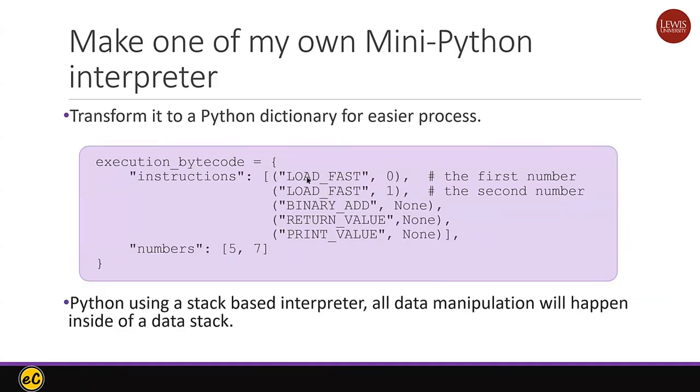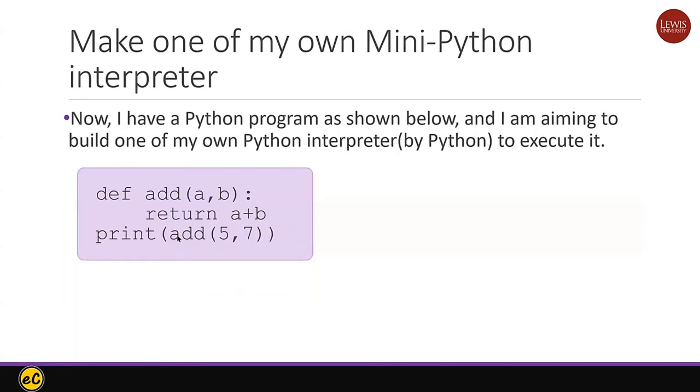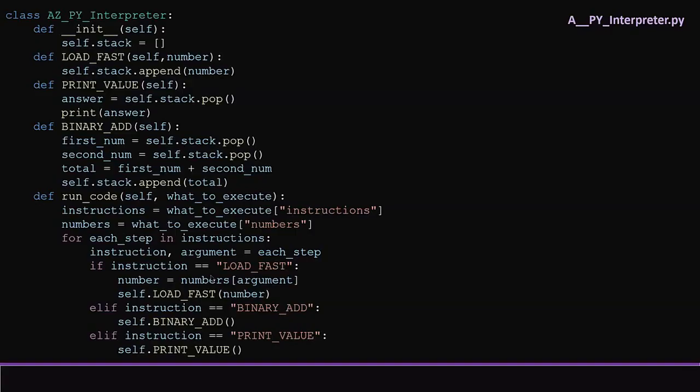And then if you look at the dictionary, for easier processing, your executable would be like this: your instruction and the numbers. The numbers are the two numbers that will be loaded to the registers. So this is the executable for your add(5, 7).